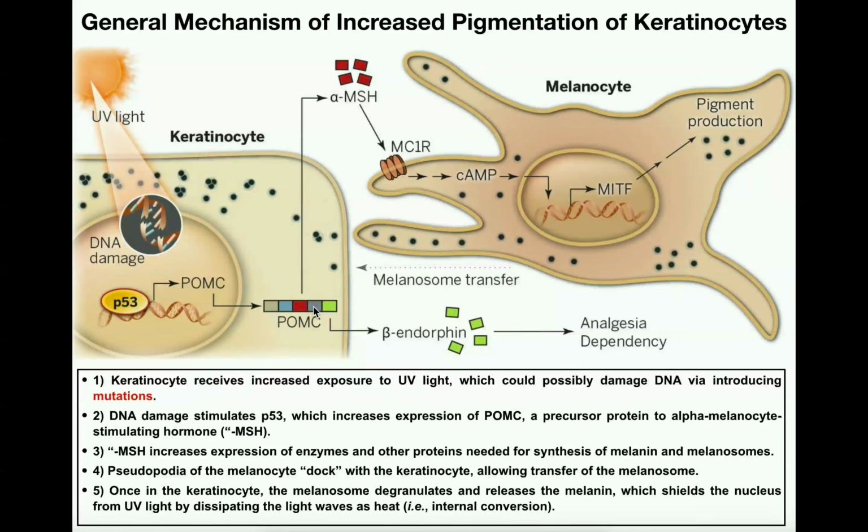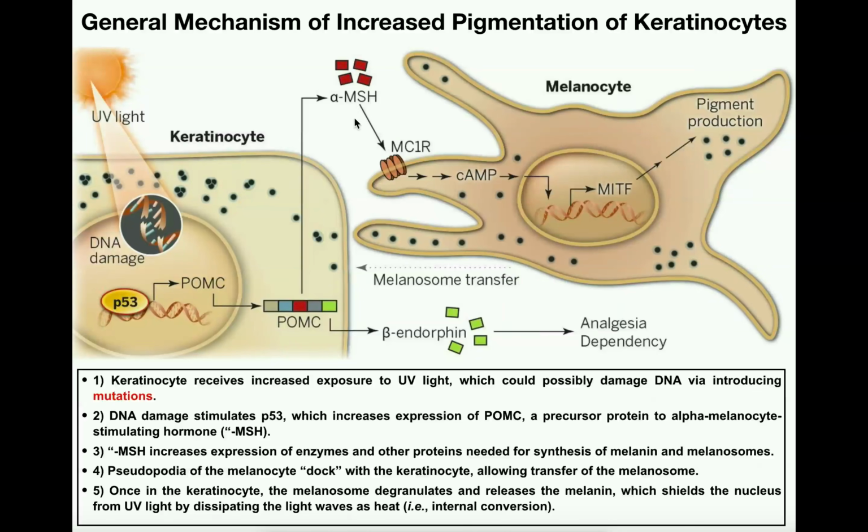And so POMC can be cleaved, and it can release alpha melanocyte stimulating hormone. And notice that that alpha MSH can then be released out of the keratinocyte, and it can travel to a nearby melanocyte. Okay? So, alpha MSH is going to increase the expression of enzymes and other proteins needed for synthesis of melanin and melanosomes, and that's going to occur in the melanocyte.